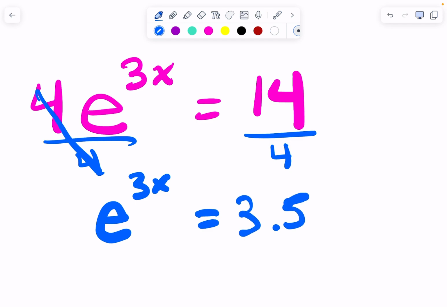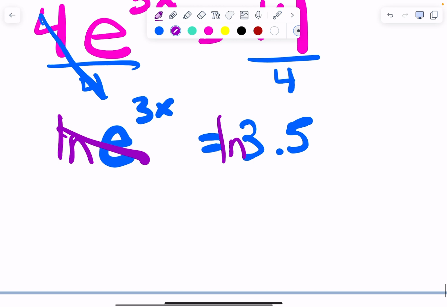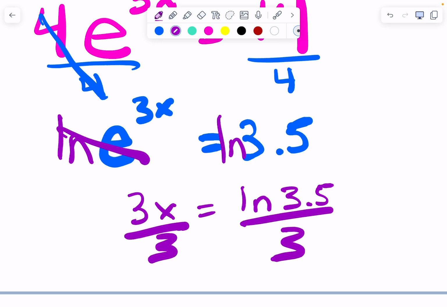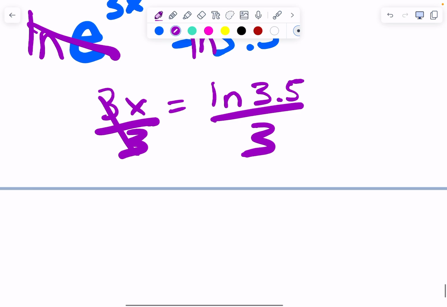Now, any algebra I can do yet? No, we are stuck. So how do I get rid of e? ln. And ln and e cancel each other out. So this makes 3x equals ln of 3.5. And then divide by 3. Okay, x equals whatever that is.